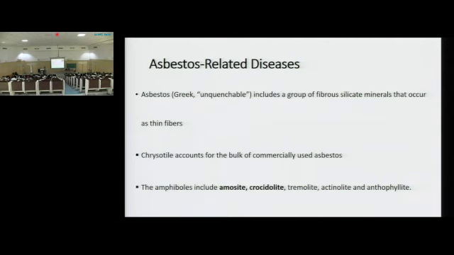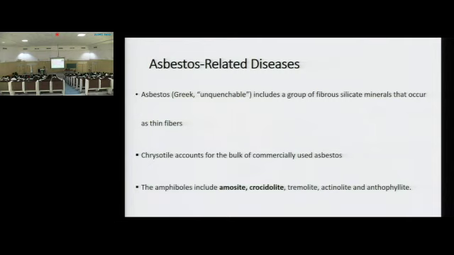So what are asbestos-related diseases? Asbestos is a Greek word which means unquenchable, and it includes a group of fibrous silicate minerals that occur as thin fibers.